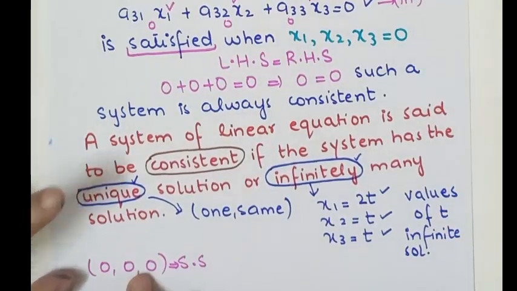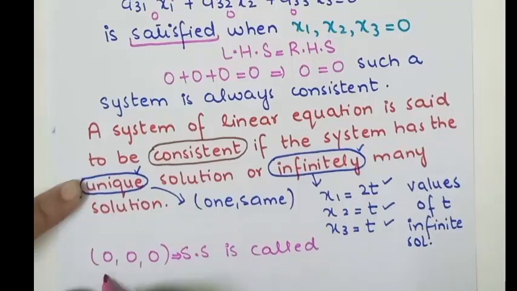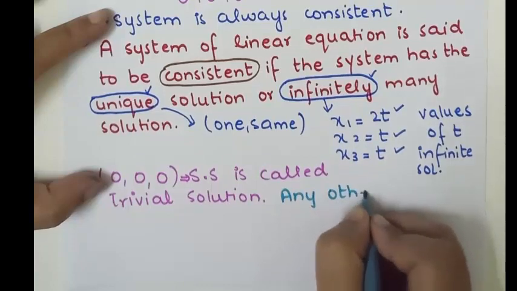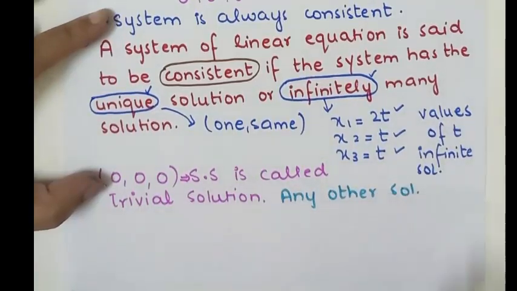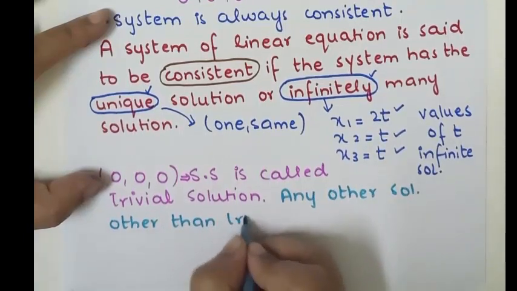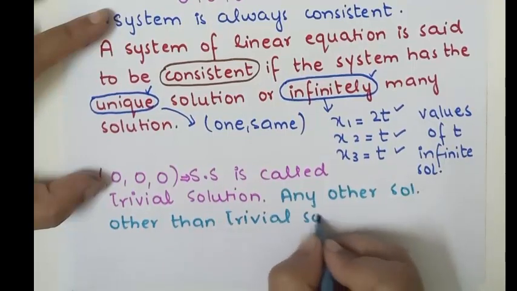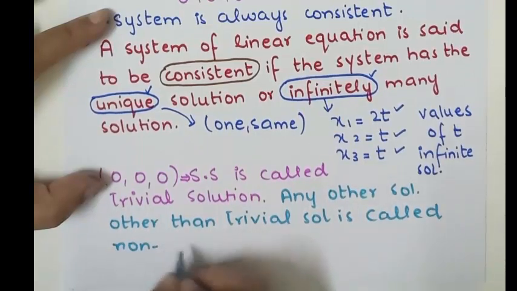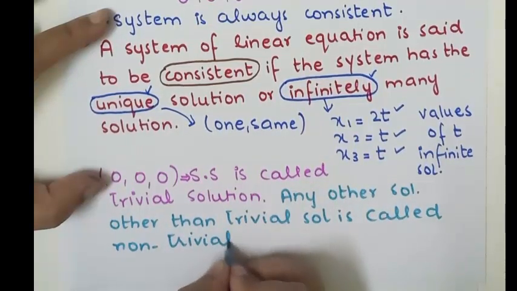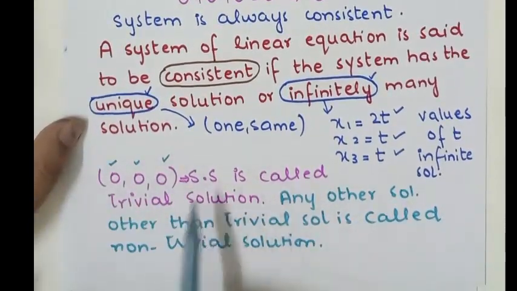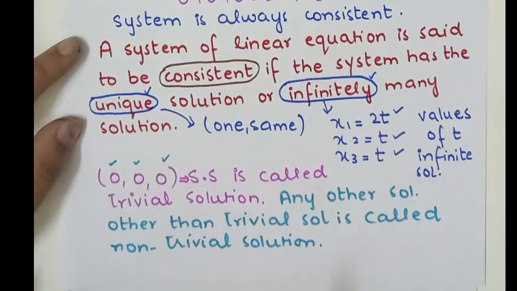Then 0, 0, 0 is called the trivial solution, and any solution other than the trivial solution is called a non-trivial solution. So if a solution is trivial, all of them are 0. And if they are not all 0, then the solution is considered non-trivial.